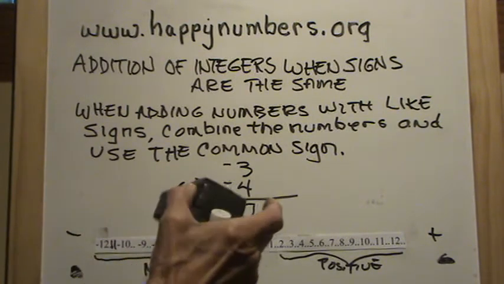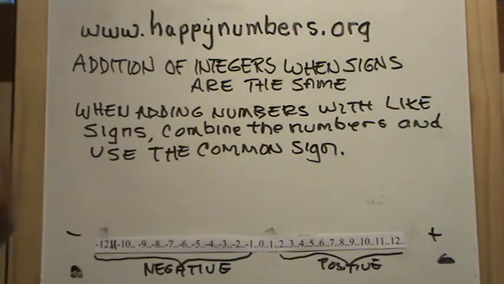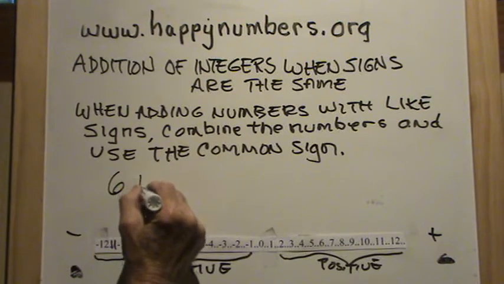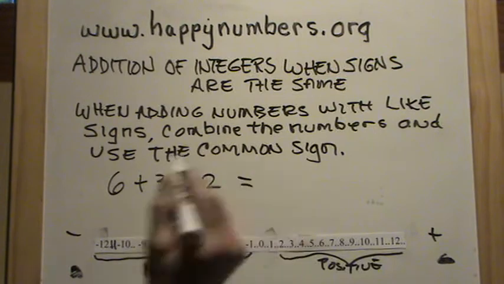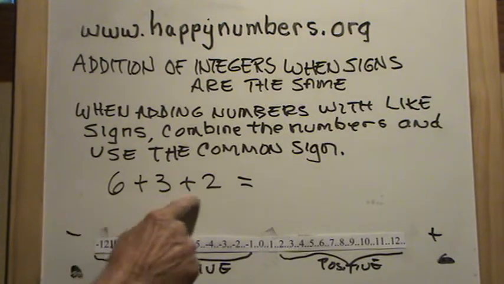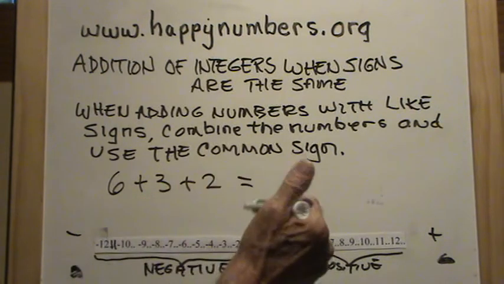This is a very simple skill set. By the way, I could have 6 plus 3 plus 2. We know that all of these are positive numbers, and so we can just combine them. 6 and 3 is 9, and 9 and 2 is 11.